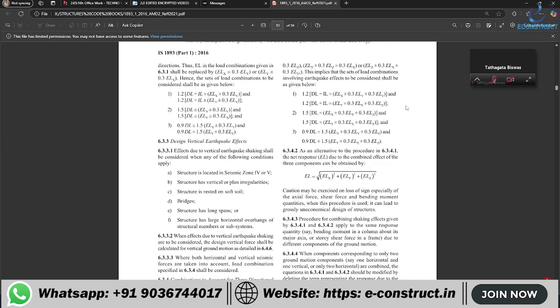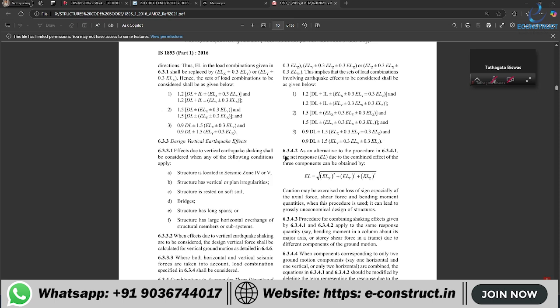1.2 times dead load plus IL plus... Directly go for 6.3.3. Okay. Design vertical earthquake effects. 6.3.3.1 Effects due to vertical earthquake shaking shall be considered when any of the following conditions apply.